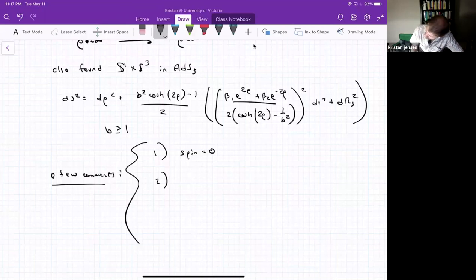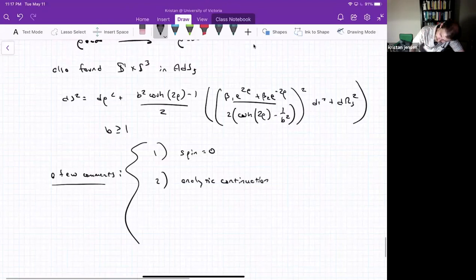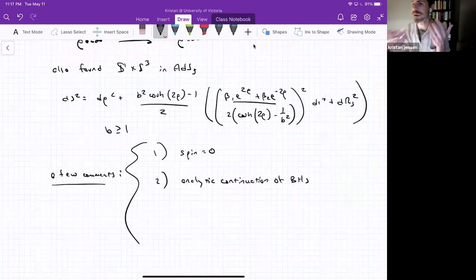Another comment is that these geometries secretly are the analytic continuation of black holes, or maybe you could phrase it as the black hole being an analytic continuation of these geometries, but where you close off the second region.